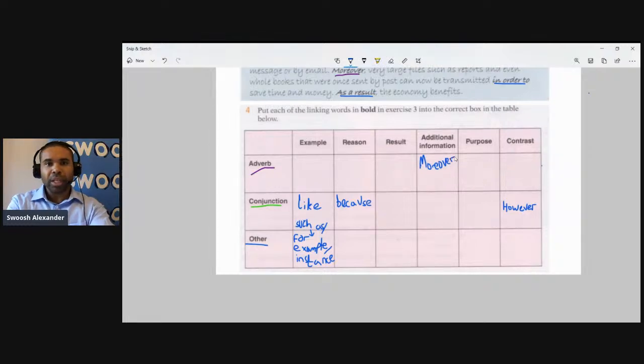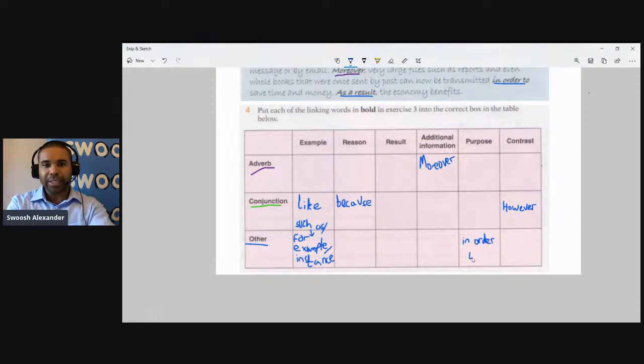Okay. On to the final two. So in order to is purpose. So we use that for a purpose. Yeah, we can see here transmitted in order to save time. So the purpose of transmitting it is to save time. Just put that in here.